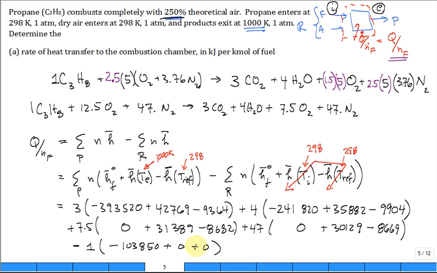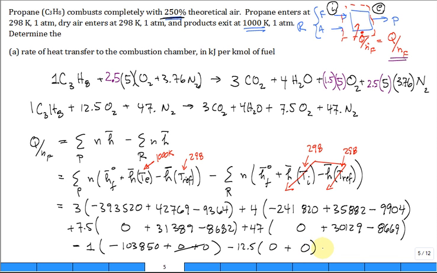So the change in the enthalpy is just 0, delta H. For the propane, it comes in at 25 C, which is the reference temperature. How about minus for the oxygen, 12.5, enthalpy of formation 0, plus, well, it comes in at 25 degrees C, so it's 0.